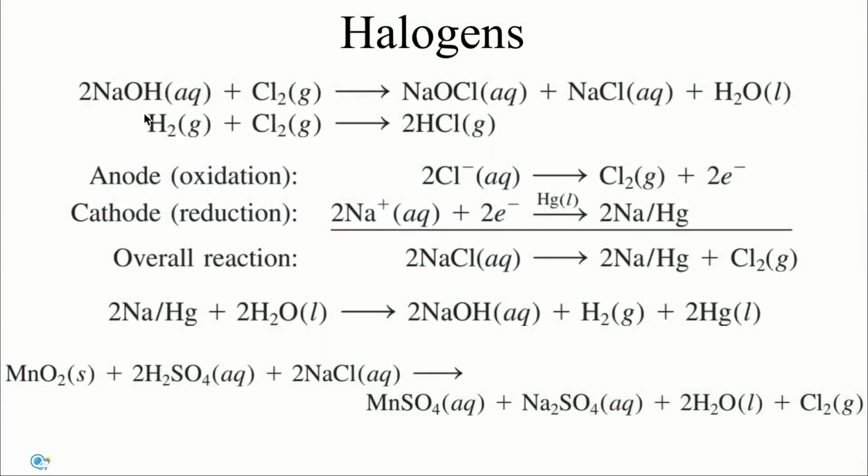These side reactions are the reaction between chlorine and sodium hydroxide, and hydrogen with chlorine gas. These reactions consume the desired products and can be dangerous because a mixture of hydrogen and chlorine is explosive.